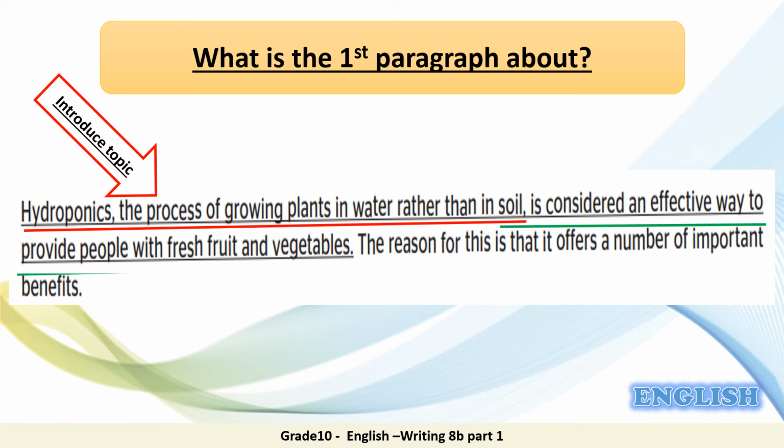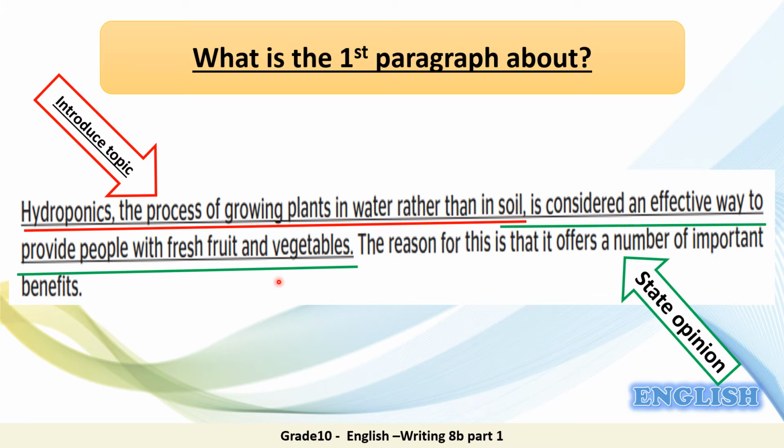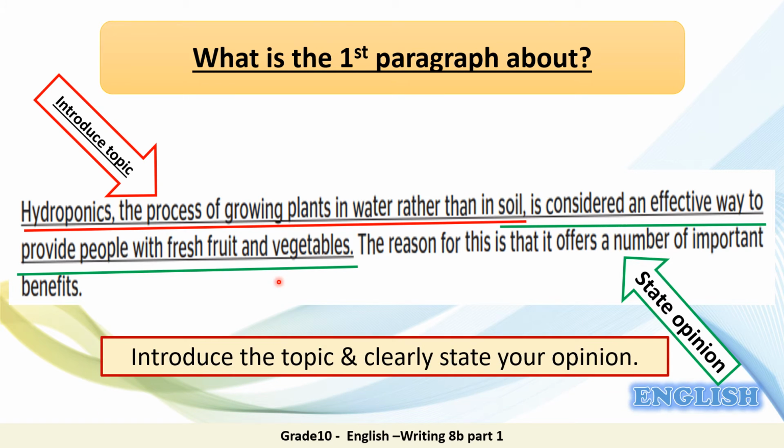How about the other underlined sentence? Is considered an effective way to provide people with the fresh fruit and vegetables. This is an opinion. So let's put it together. The first paragraph, it's about introducing the topic and clearly stating your opinion.